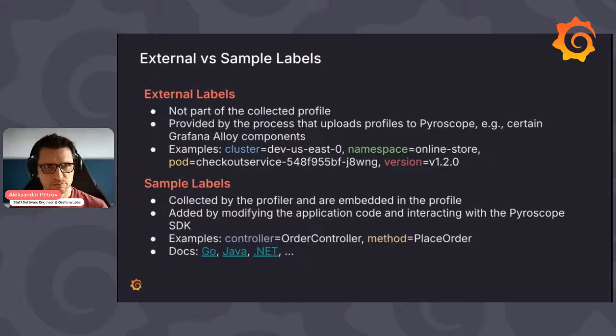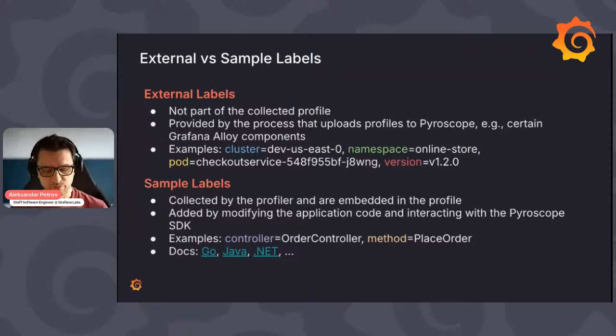We'll briefly talk about the different types of labels. Again, this is not specific to profiling. This is common to the other signals, but we still want to clear this up because it's important, and the different kinds provide different flexibilities. So we have external labels, which we also call static labels because they don't change for the life cycle of the application.